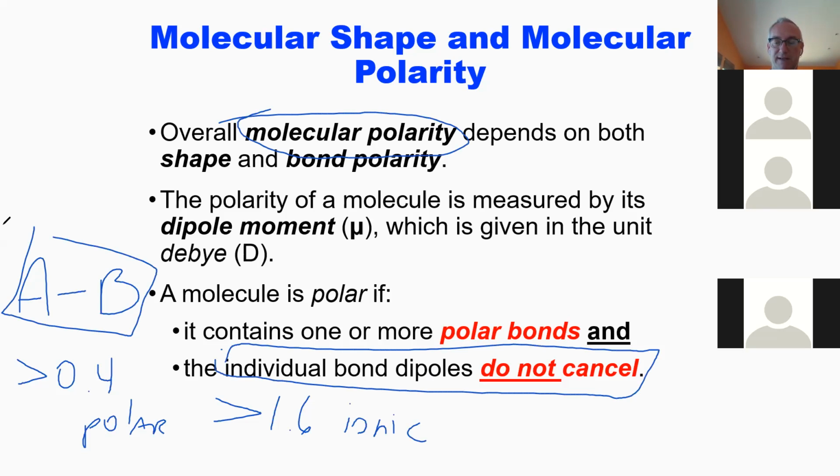For instance, if I've got carbon dioxide, I've got a dipole pointing in this direction because oxygen is a lot more electronegative than carbon. But I also have another dipole pointing in exactly the opposite direction. It's the same size and exactly opposite, so they cancel each other out. So I have 2 polar bonds in a non-polar molecule. So you have to remember that it's the polarity of the bonds and the shape that determine whether or not a molecule is polar.